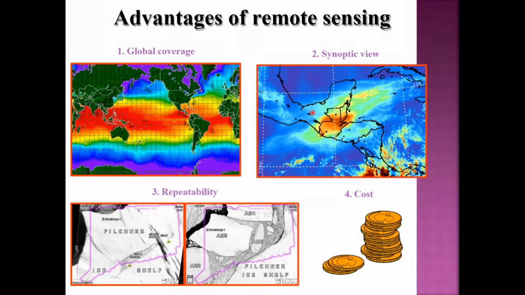If we have the satellite data of that time, we can know. So repeatability means repeating of the data at the same location. And obviously it is cost effective for a large geographical area. So these are some advantages of remote sensing.